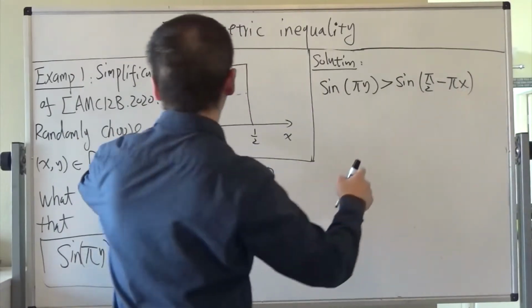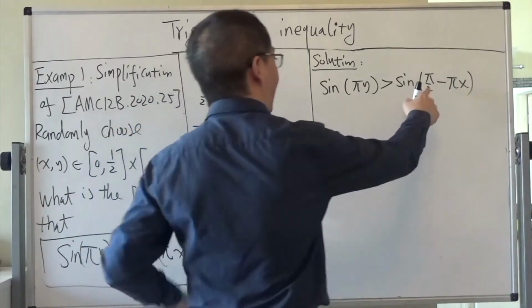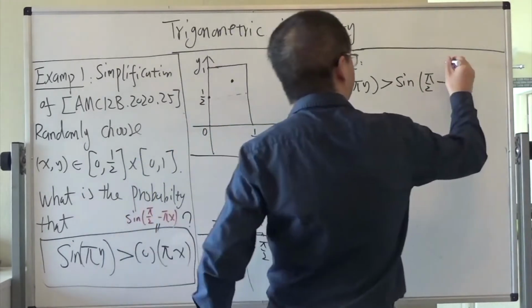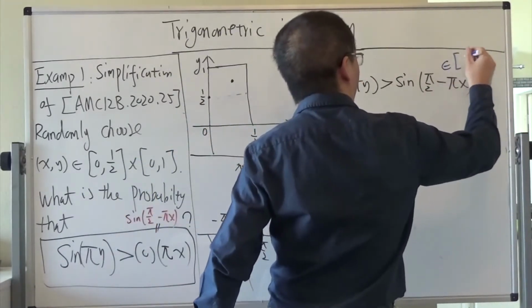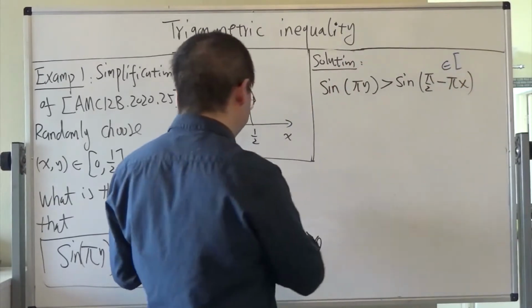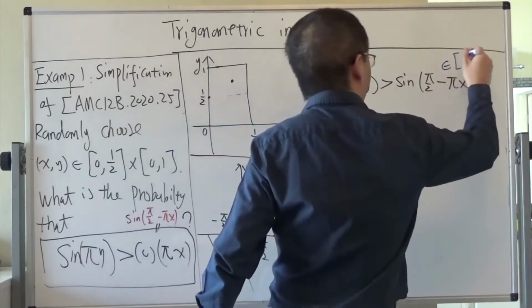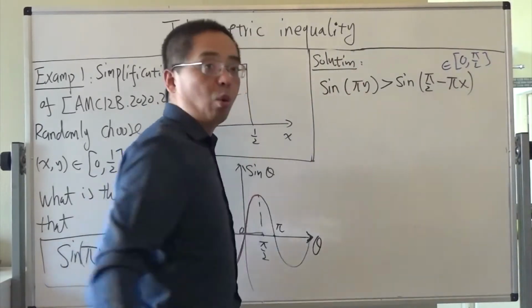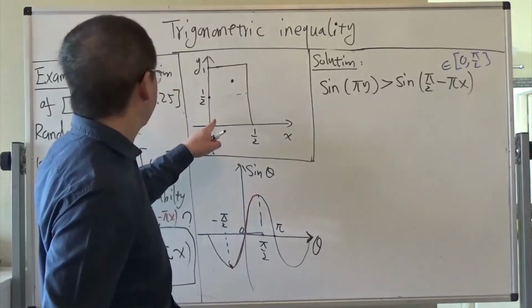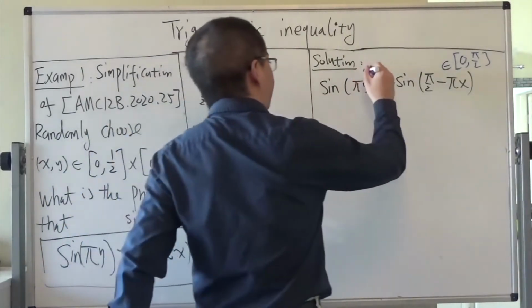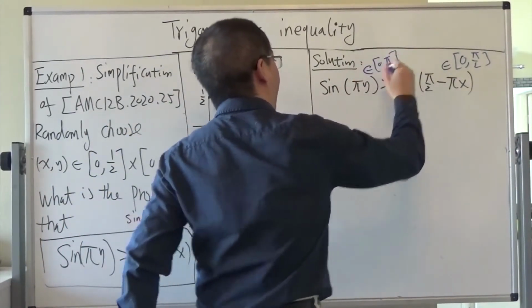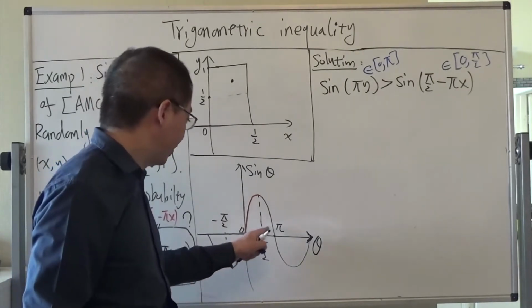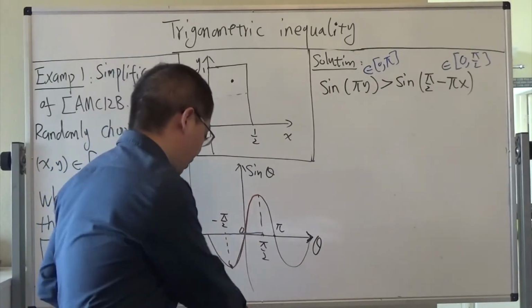Because x is between 0 and 1/2, pi over 2 minus pi x already belongs to the desired domain, from 0 to pi over 2. However, y is from 0 to 1, so pi y belongs to 0 to pi, which is not exactly within the range. Part of it is out of it.